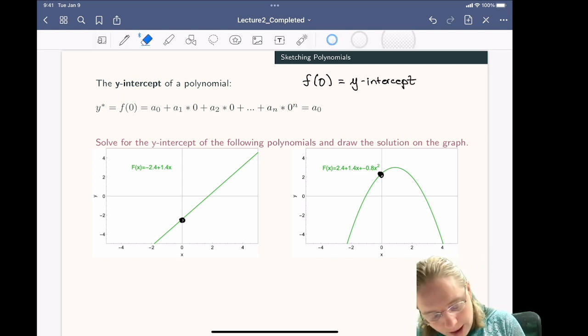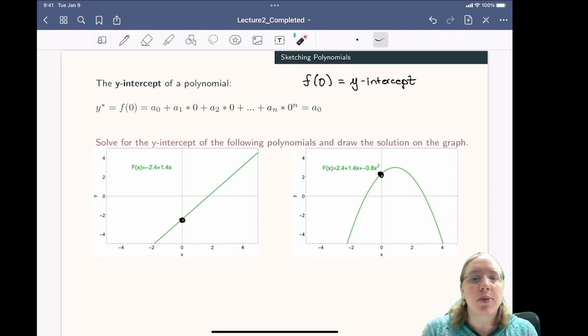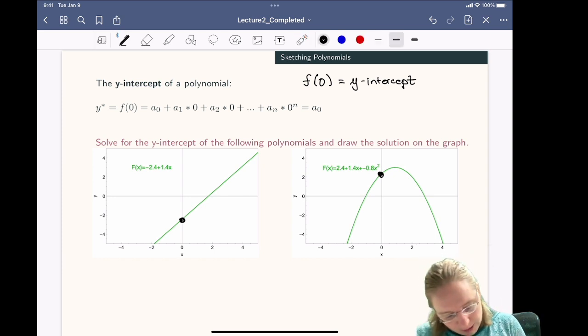In the case of a polynomial, this is particularly simple. If we plug in x equals 0 into every single term of the polynomial, then each one of these x's is going to drop out except for the a0 term, which is not multiplied by any x's and hence does not necessarily equal 0. So in the case of this function here, we have f of x equals minus 2.4 plus 1.4x.